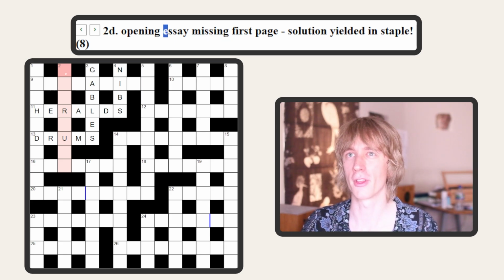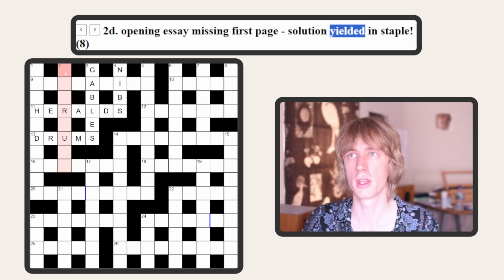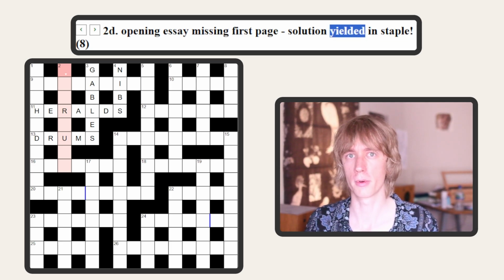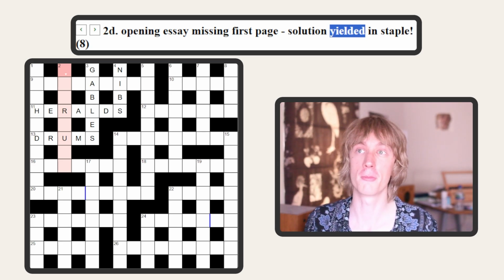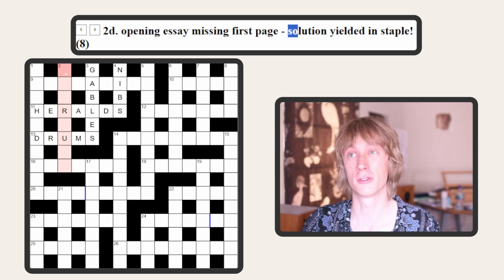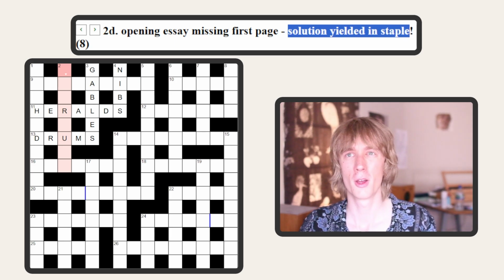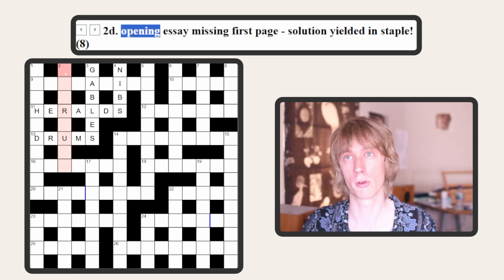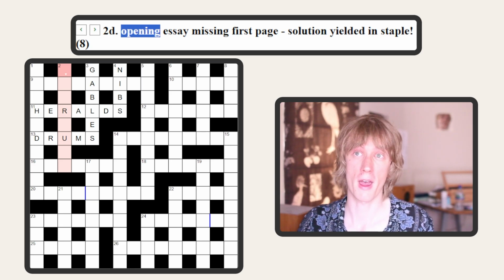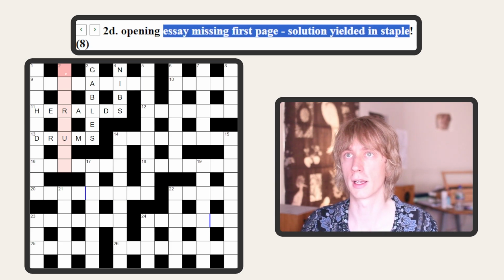So I'm thinking that this section is probably part of the cryptic. And I'm also seeing "yielded". And if something yields, it gives up, right? So I'm thinking again that something is being removed from something else. So "solution yielded in staple" is probably also part of the cryptic, which only really leaves the word opening as our literal.